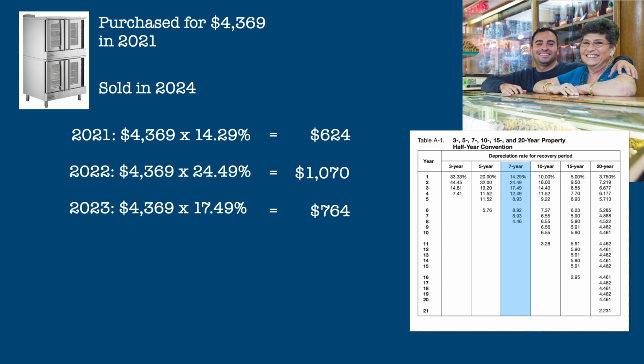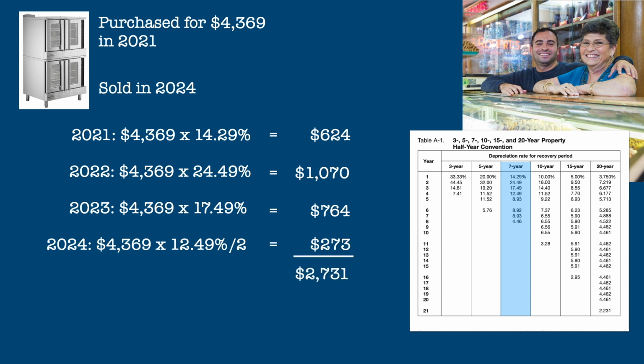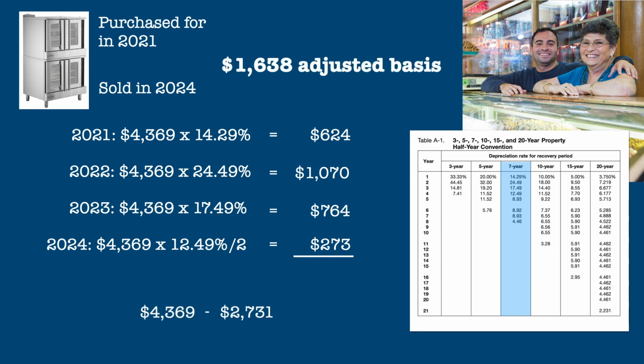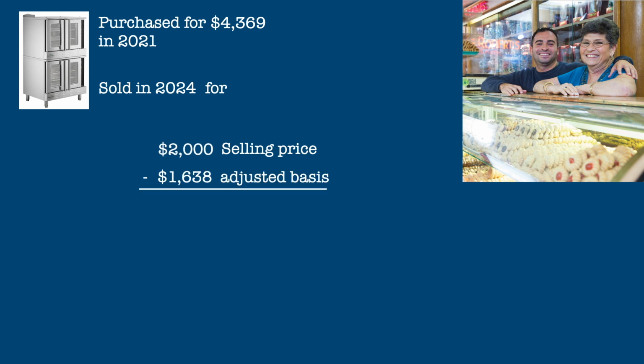Since the oven is being sold in 2024, we take 1/2 of what would have been that year's depreciation of $545, or $273. Add the years' depreciation together and subtract the total from the original cost of the oven, which gives us an adjusted basis of $1,638.